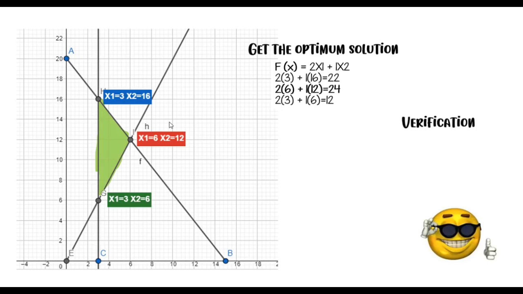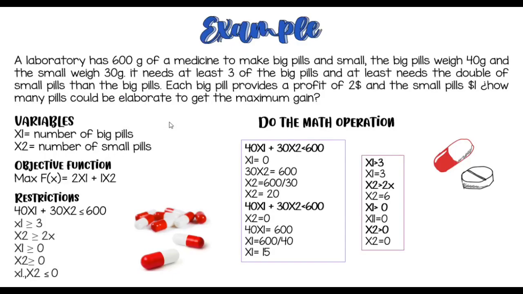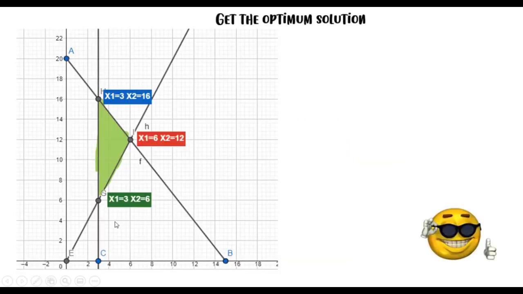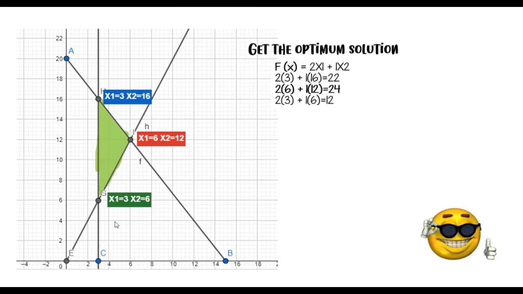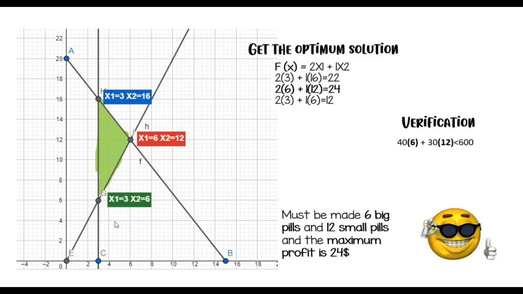And to find out our correct answer, you can replace in the restriction and the answers must not pass the limit. 40 by 6 plus 30 by 12 equals 600 is the restriction, and therefore this problem is correct and must be made: 6 big pills and 12 small pills, and the maximum profit is 24. Thanks for watching.